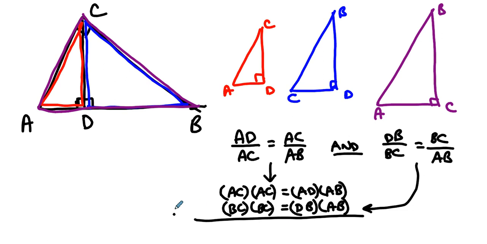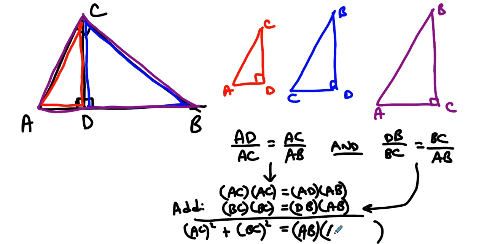Well, let's add. When we add on the left side, we get AC squared plus BC squared. And if that happens to turn out to be AB squared, then we're in great shape. But it doesn't. There's an AB factor, right?